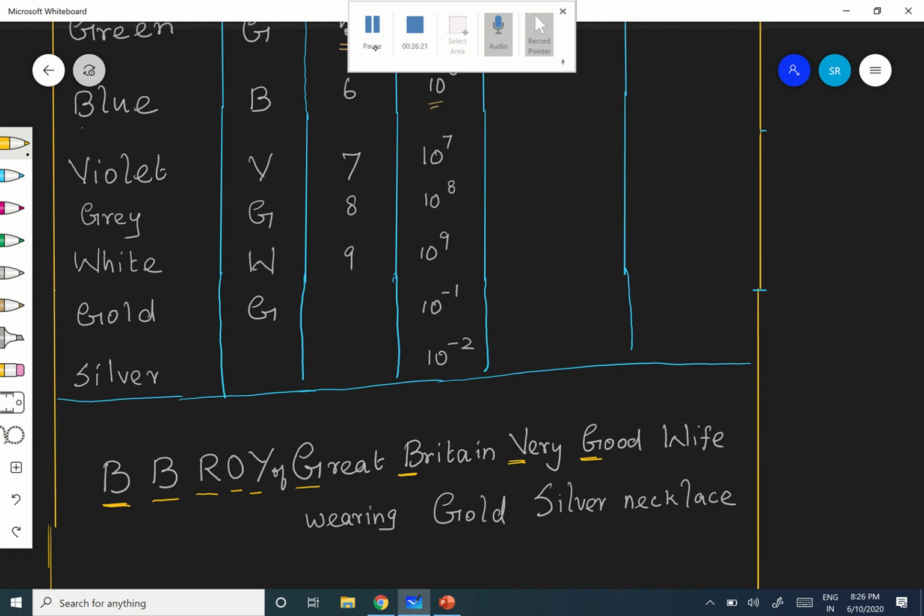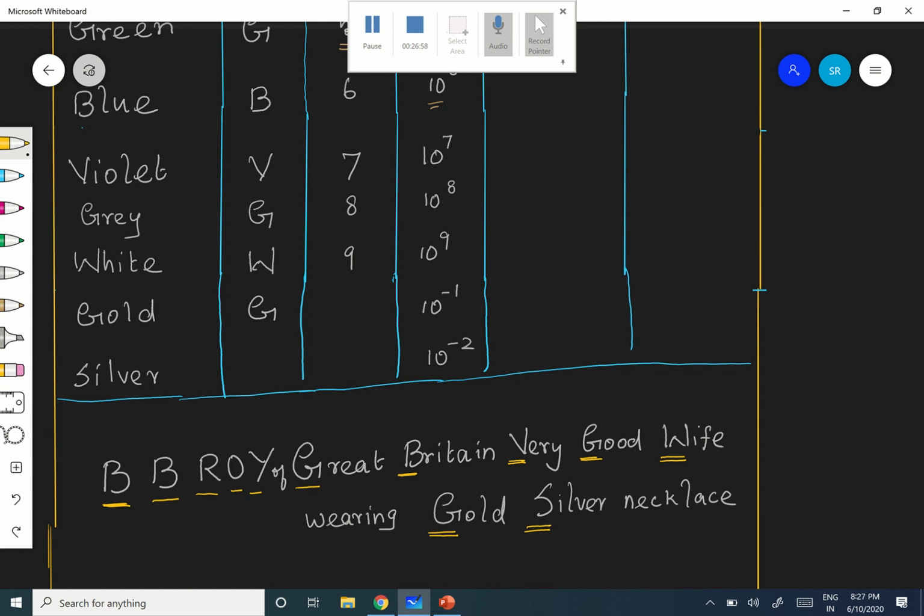Very good Wife, W, white. Now the next one is meant for tolerance. Wearing gold, 5% tolerance. Silver, 10% tolerance. Gold, silver necklace, no color means 20% tolerance. Therefore B.B. Roy of Great Britain has a very good wife wearing gold, silver necklace.